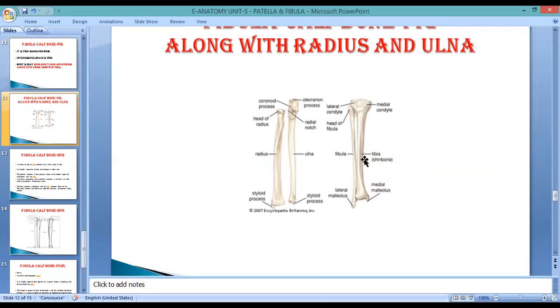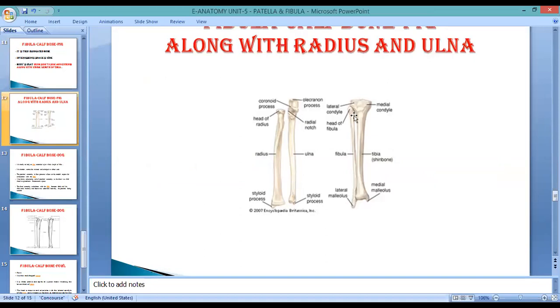So this is the tibia bone. Laterally, tibia bone is attached with the head of fibula, and this fibula is cylindrical and rod in shape, located throughout the length of the tibia. Proximal end is in contact with the lateral part of head of the tibia and distal end is in contact with the lateral malleolus of the tibia.